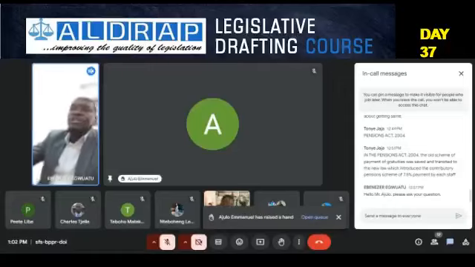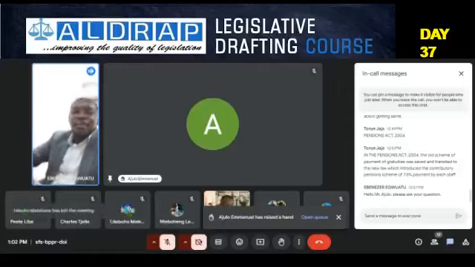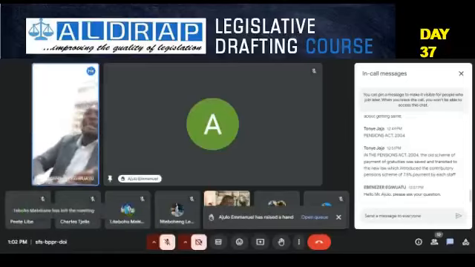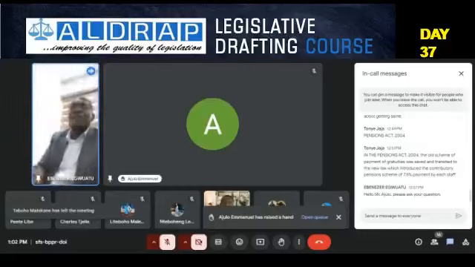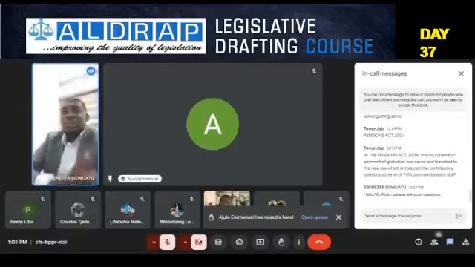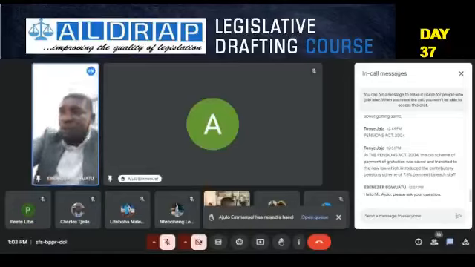So the fact that a new law is about to be enacted does not automatically mean that it will not have conflict with an existing law. That is where your research expertise comes in. Before you draft, that is where you do cross-referencing.